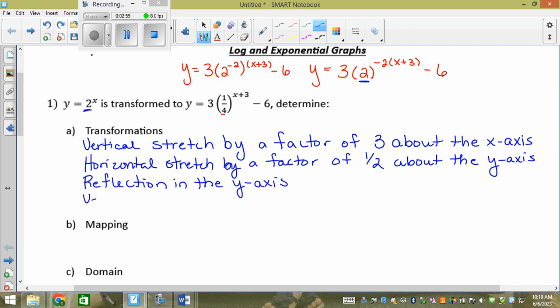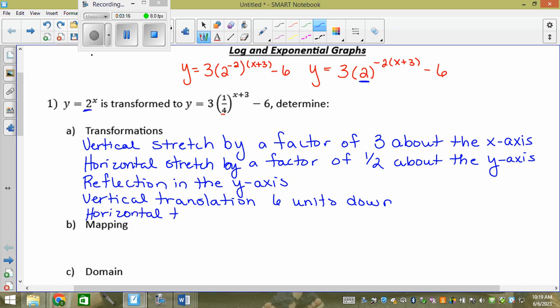Vertical translation 6 what? Down. And a horizontal translation. Units what?